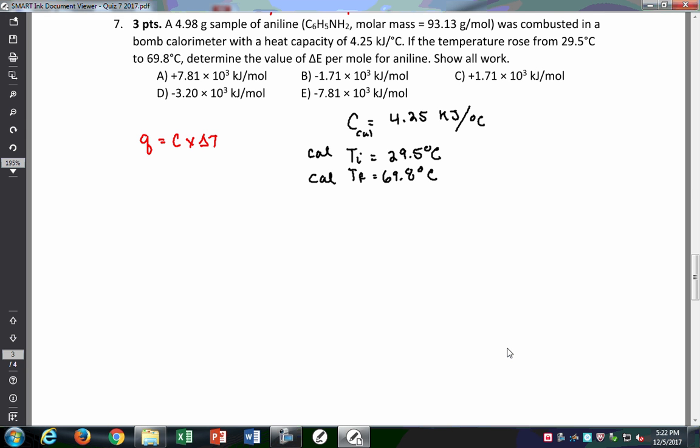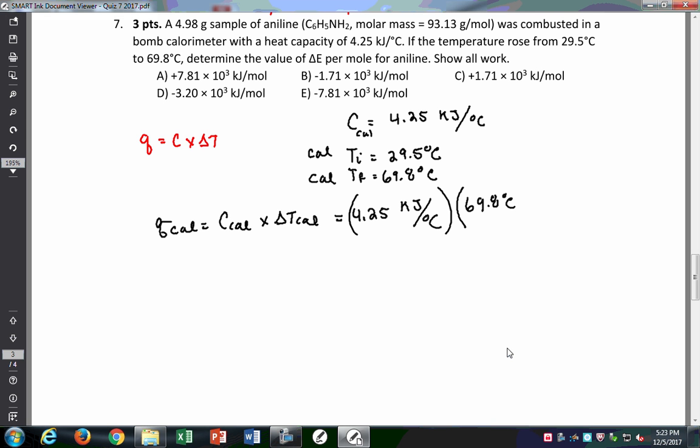So keep in mind, this is my temperature of the calorimeter. This is my surroundings. So our Q cal is going to be equal to C of our calorimeter, which we're given, times our change in T of our calorimeter. And again, if you're following your units, you'll see that the Celsius term cancels out.